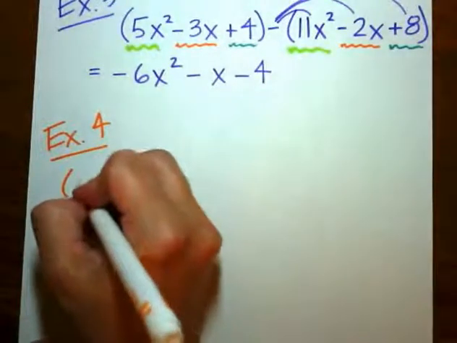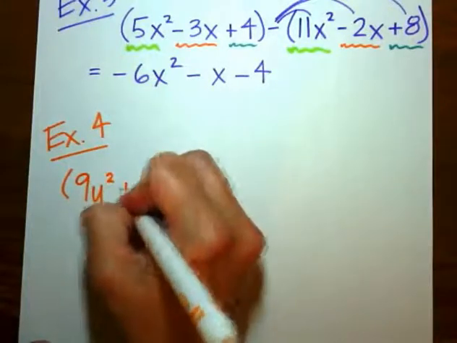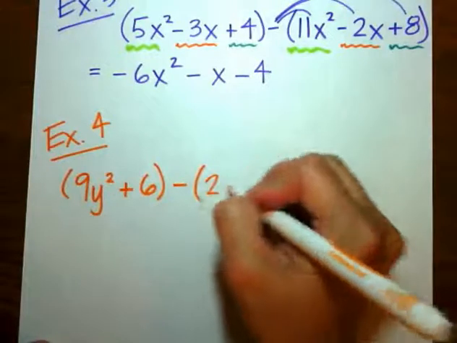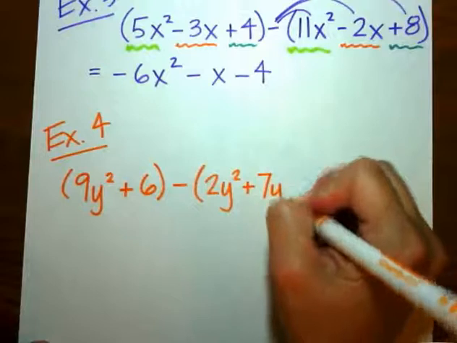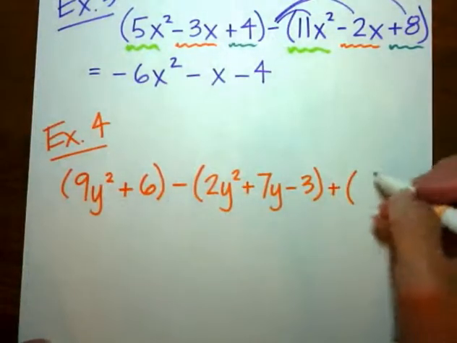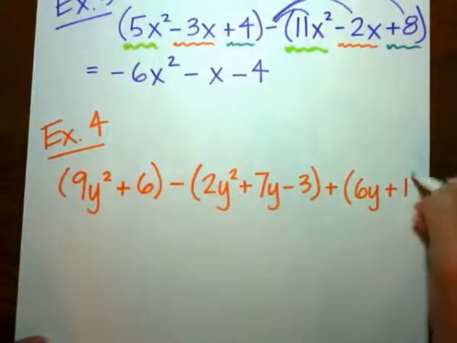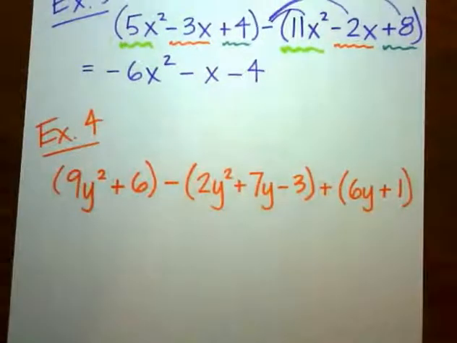How about 9y squared plus 6 minus 2y squared plus 7y minus 3. And then we're going to add 6y plus 1. All right, same thing, just 3 different polynomials. So we have a binomial, then we're going to subtract a trinomial, and then add a binomial.